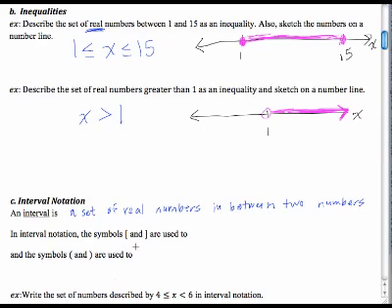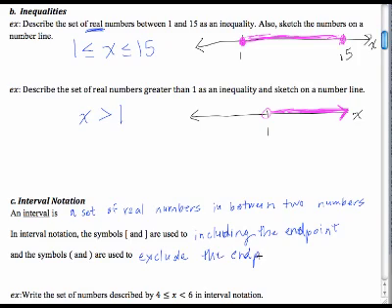If you use brackets, that means you're including the endpoints, sort of like using a closed circle up here. If you use parentheses, those are used to exclude the endpoints, just like with the open circle right there.